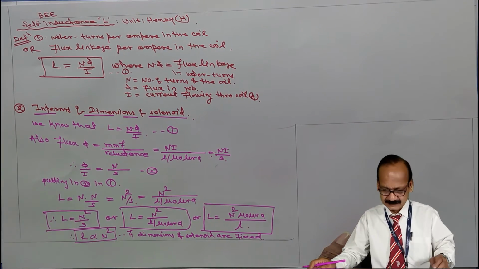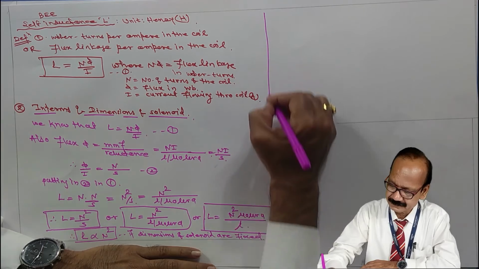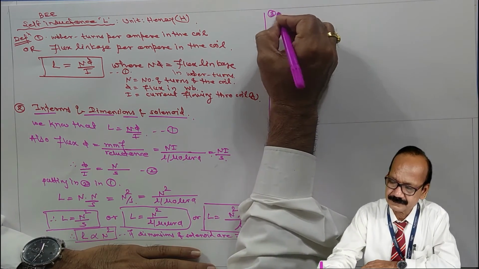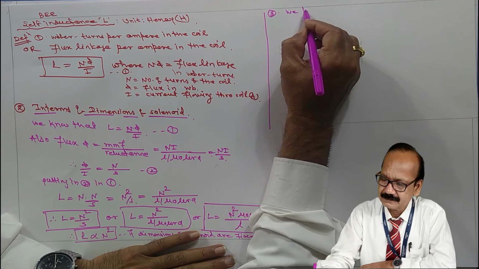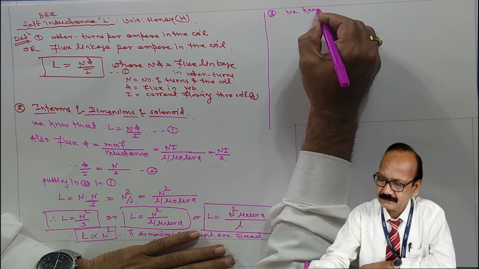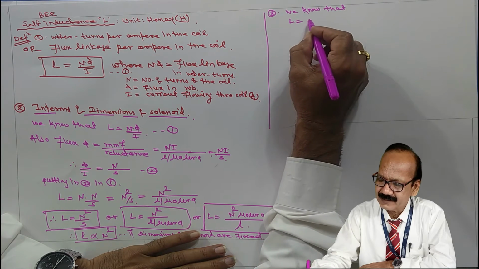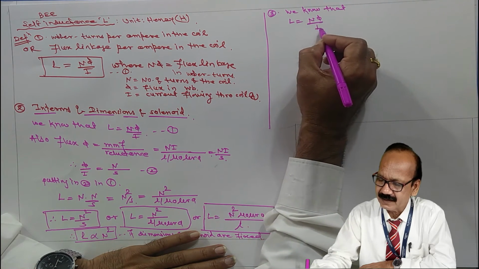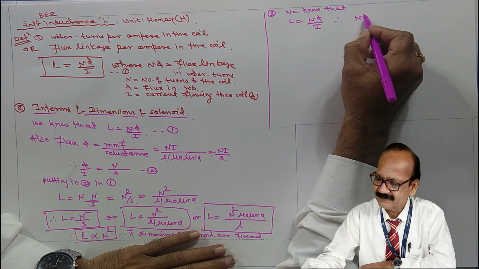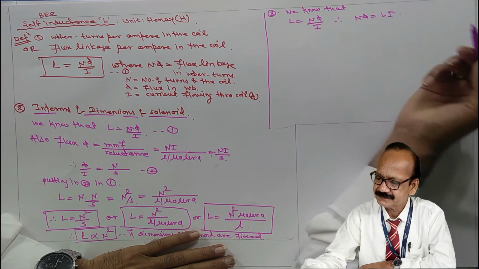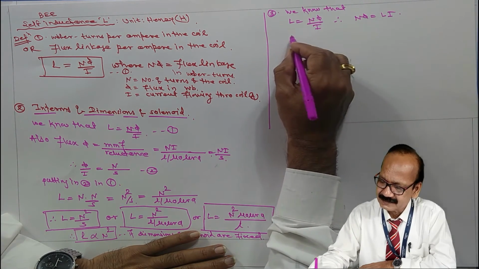Now let us take the third definition. We know that L equal to N phi upon I. Cross multiplying, N phi equal to L i. Multiply both sides by minus 1.